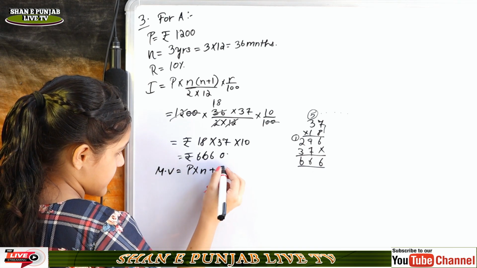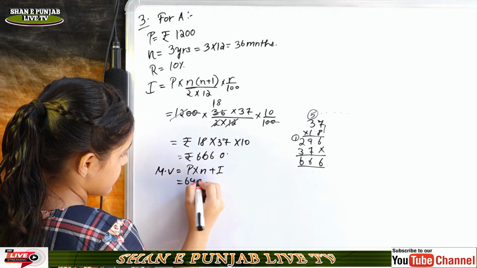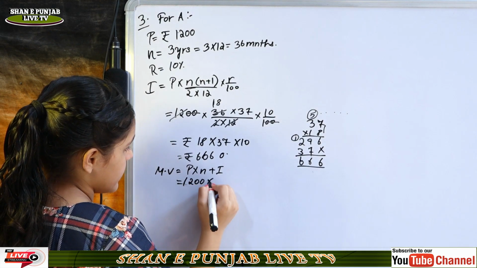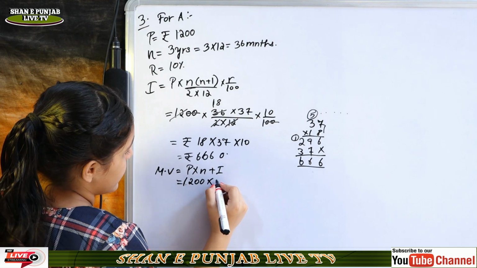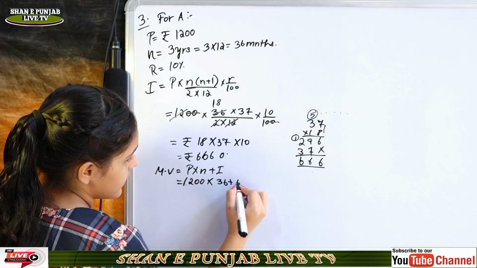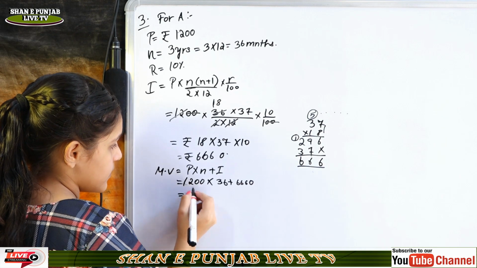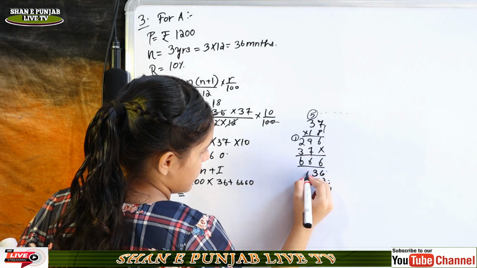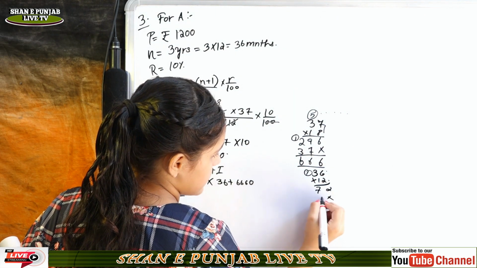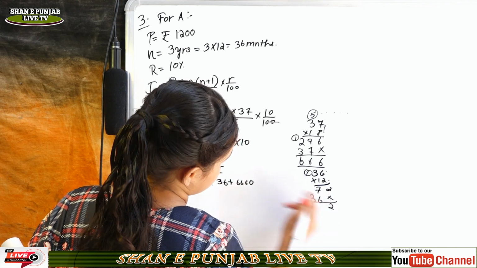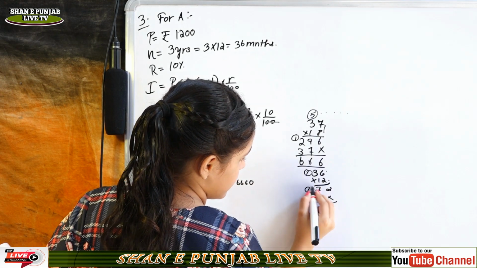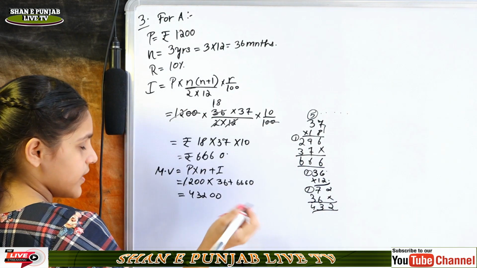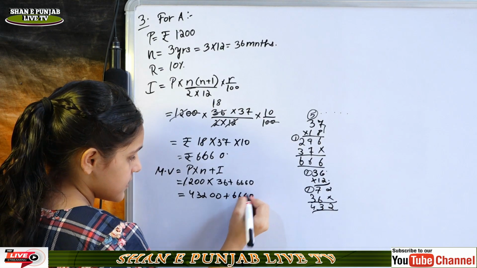P into N plus I. P here is 1200 into N is 36 plus interest 6660. 36 into 12, 6 2s are 12, 3 2s are 6, we get 43200. Now 43200 plus 6660.